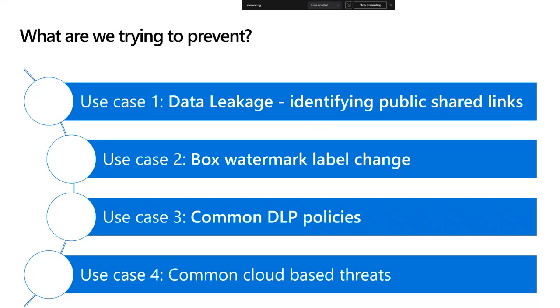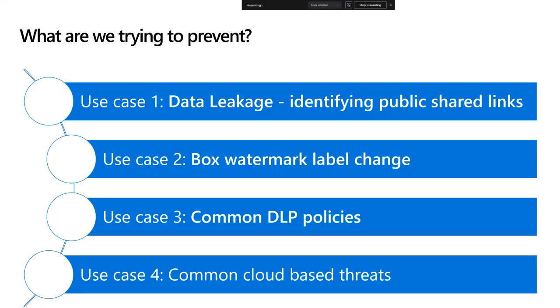So what exactly are we trying to prevent? We have a number of use cases here, the most common ones that we see, and we'll be demoing some of these as well. The first is around publicly accessible links. So making sure that you've configured your file policies to prevent this type of data leakage. The second one is specific to Box, which is detecting a watermark label change.